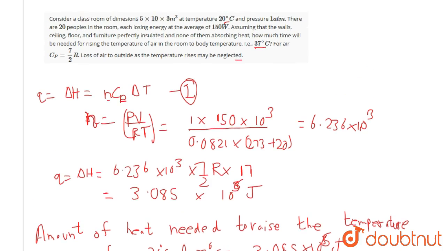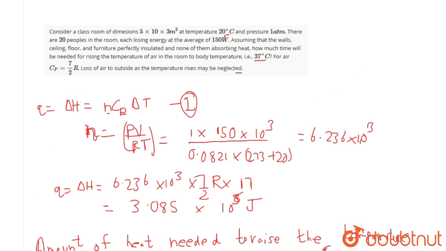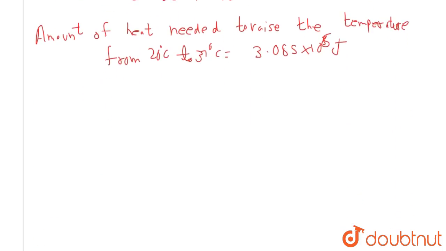Now we need to find how much time is needed. So if you clearly see, there are 20 people in the room and each is losing energy at the rate of 150 watt, that is 150 joule per second.